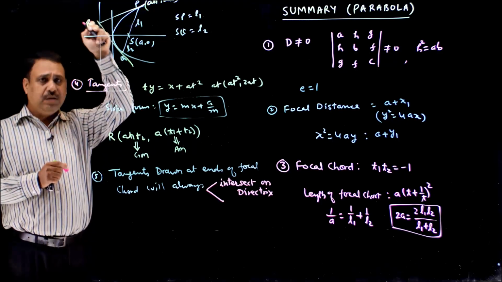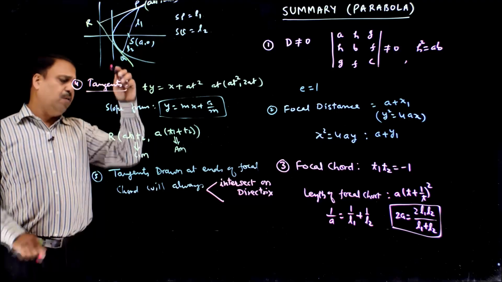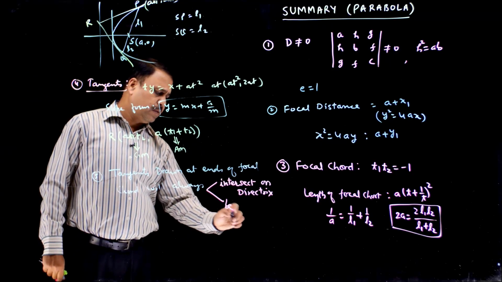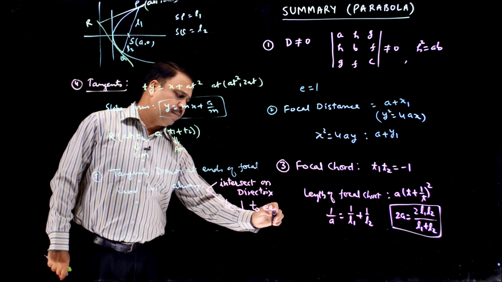And as they are intersecting on the directrix, which, as we know, is the equation of the director circle, they will always be perpendicular to each other.